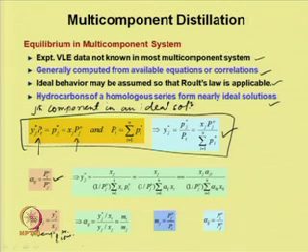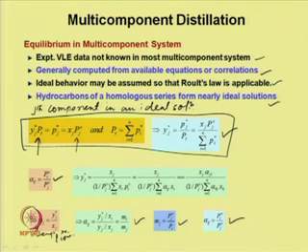And the relative volatility alpha i j would be equal to y i star by x i divided by y j star by x j, which would be equal to m i by m j. For ideal solutions at moderate pressure, m is independent of compositions and only depends upon the temperature and the total pressure. So, m j is equal to p j v by p t, and then alpha i j would be equal to p i v by p j v.